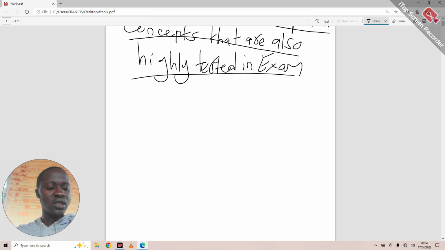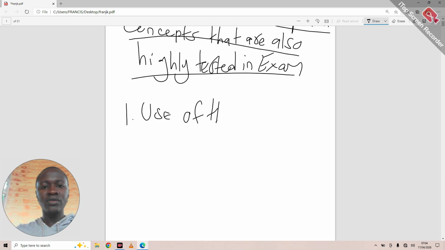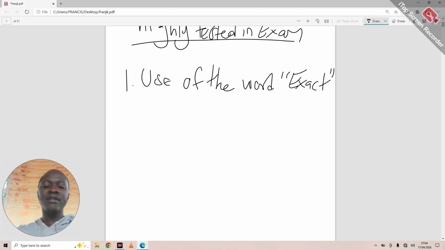So what are those concepts? Concept number one, use of the word exact. I know you may come across such a term. They are very much useful.